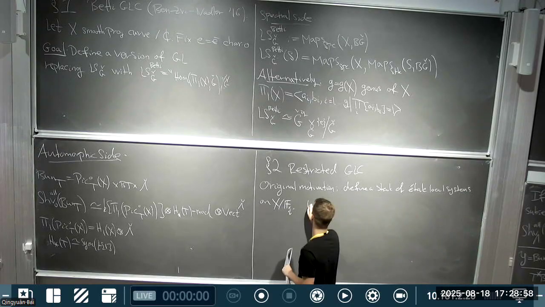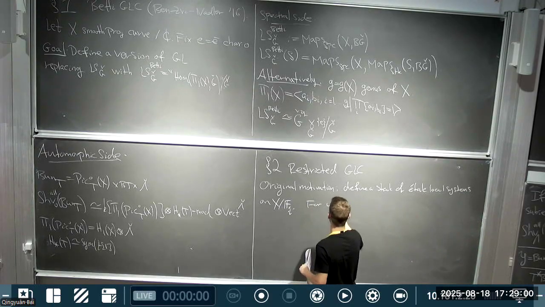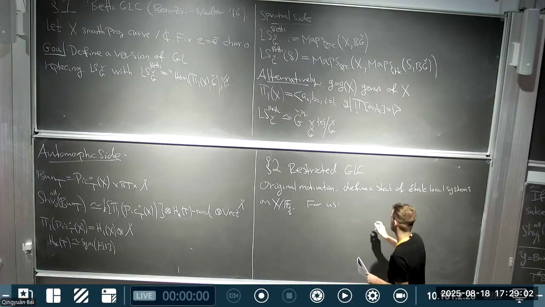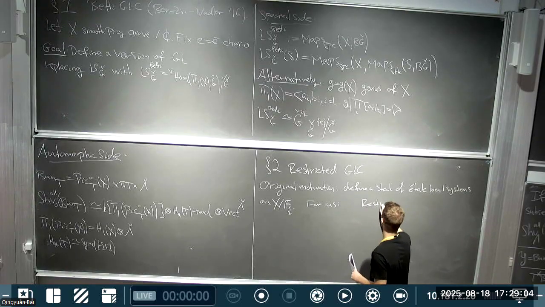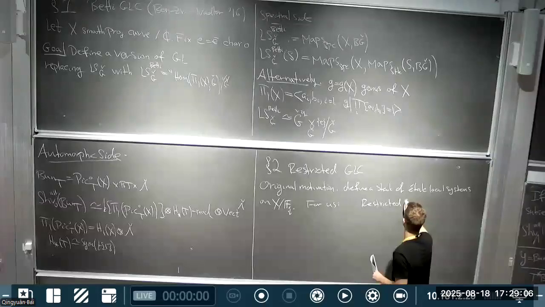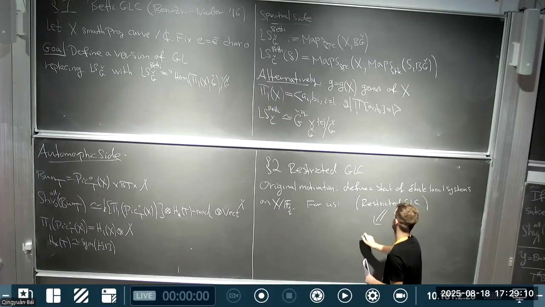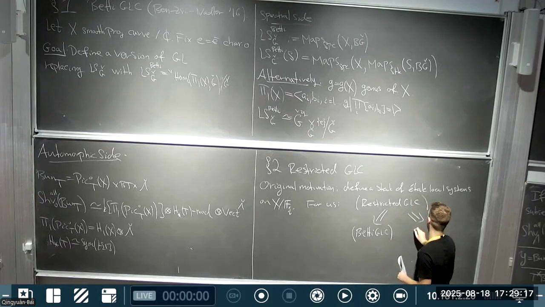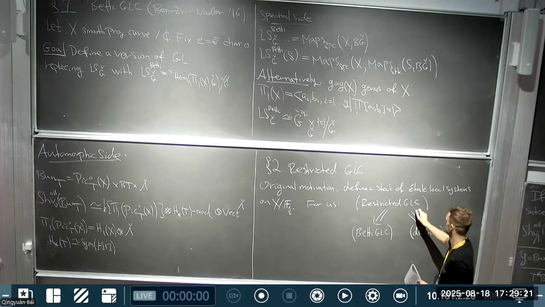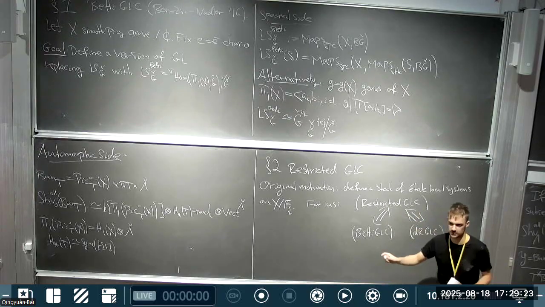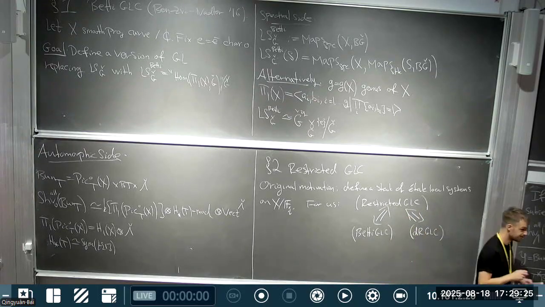For us, we'll see that this restricted geometric Langlands conjecture will imply both the Betti and the de Rham. It goes the other way around too. They're all equivalent. So this is the way you go between them.